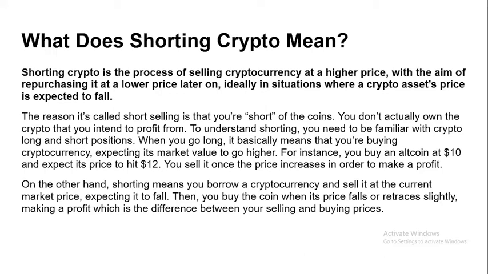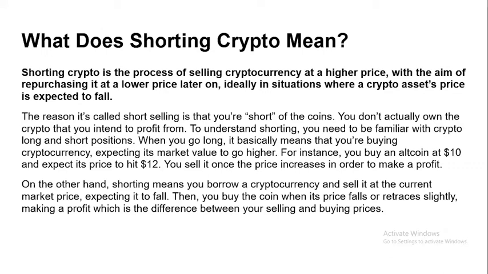To understand shorting, you need to be familiar with crypto long and short positions. When you go long, it basically means that you are buying cryptocurrency, expecting its market value to go higher. For instance, you buy an altcoin at $10 and expect its price to hit $12.